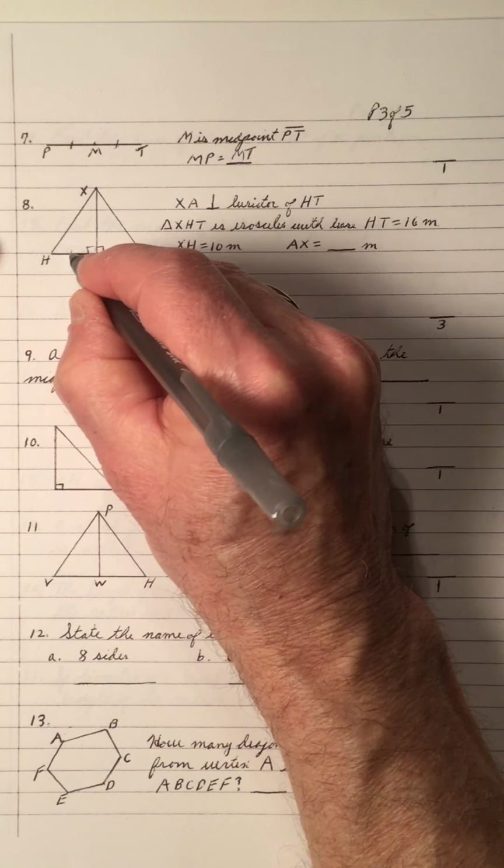And the base is 16. HT is 16. If that's 16, that means that's 8, and that's 8, because it bisects. Then it says that XH is 10. So XH is 10, so we put a 10 right there. I'm not worried about the meters. Just say 8 and 10. Now we want to find AX.